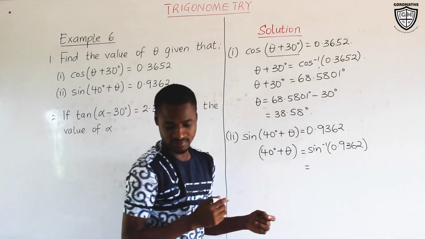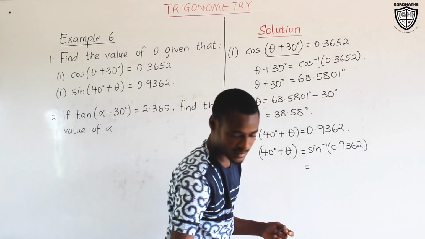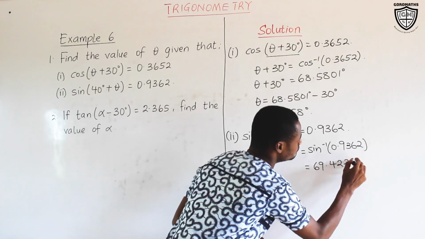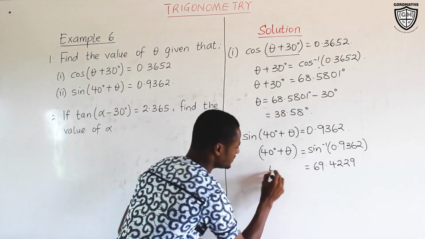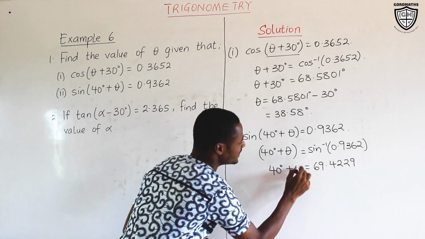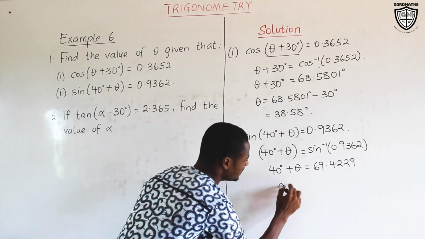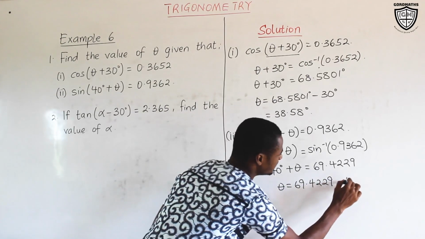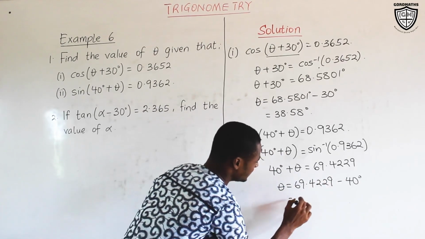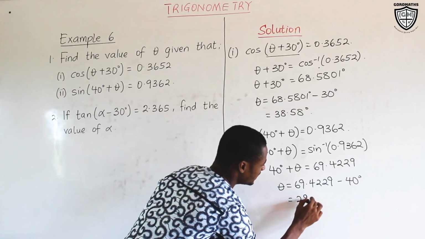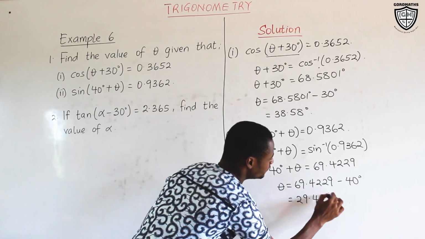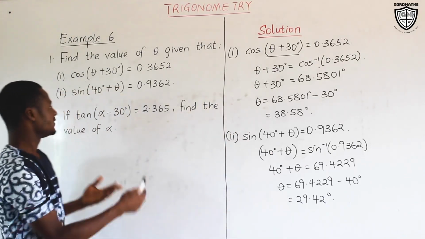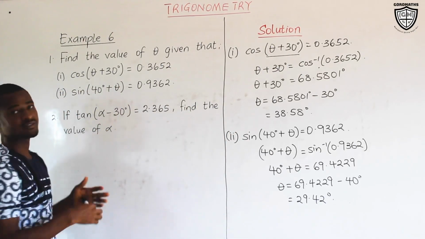Sine inverse of that is equal to 69.4229, and that is equal to 40 degrees plus theta. So theta will be equal to 69.4229 minus 40 degrees, and that gives us 29.42 degrees. I believe that with this method you can solve the second question on your own.